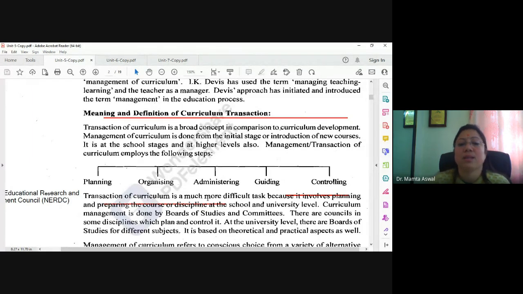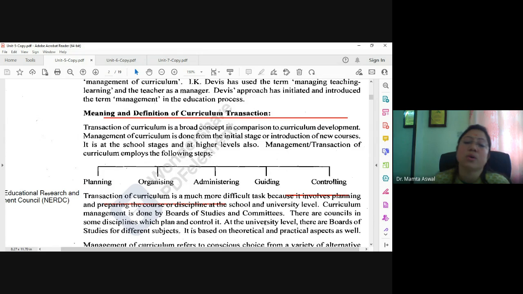So basically here what we are talking about is curriculum transaction and management of the curriculum inside the school, how we are going to implement that, manage the things inside the school. Now if we talk about curriculum development, which you would already have studied earlier, there are certain higher committees in the schools, or a school committee for that, or if we talk about the universities, there are boards of studies which decide the curriculum, manage the curriculum, pass the curriculum in their councils.